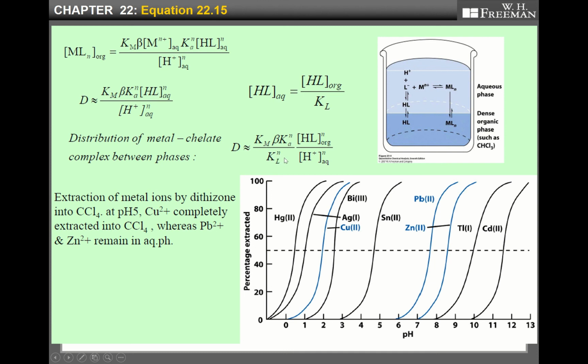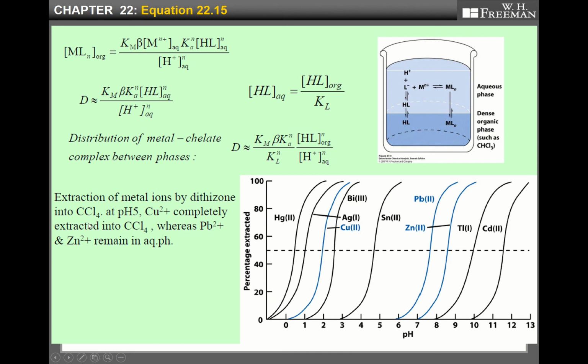Instead of this one, we use this one, and multiply by the HL concentration to the nth power in the organic phase and divide by the proton concentration to the nth power in the aqueous phase. Wow, this is already very complex.